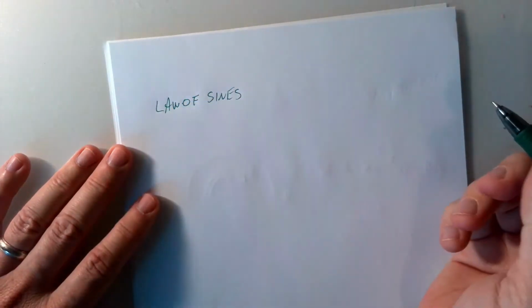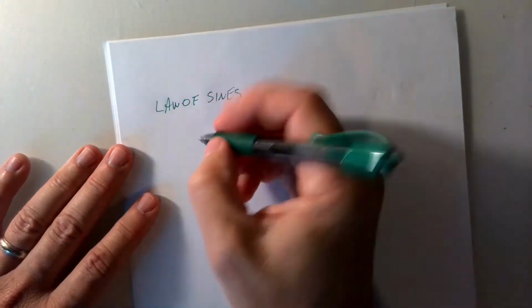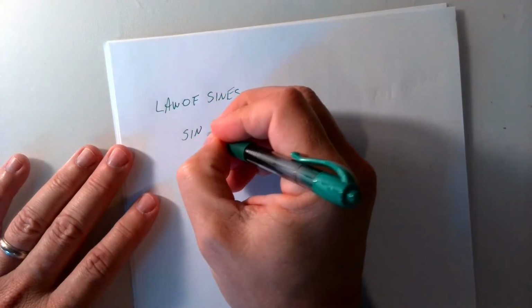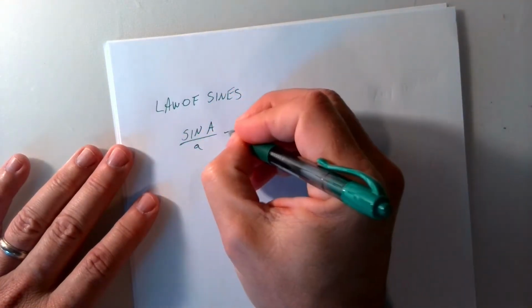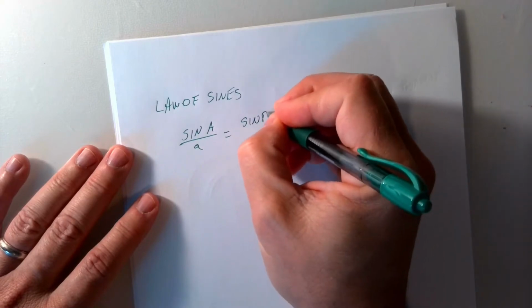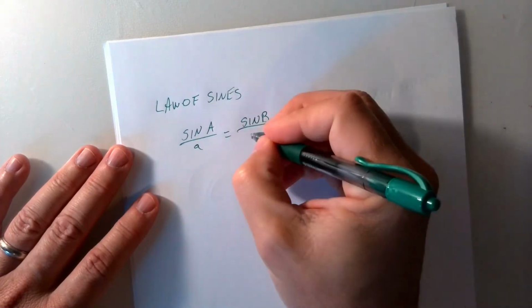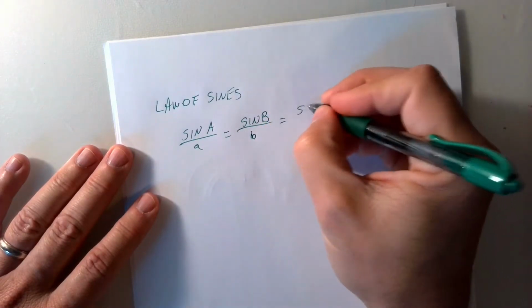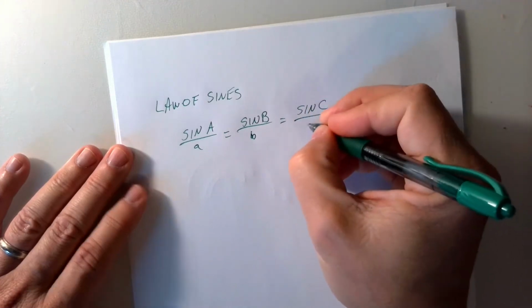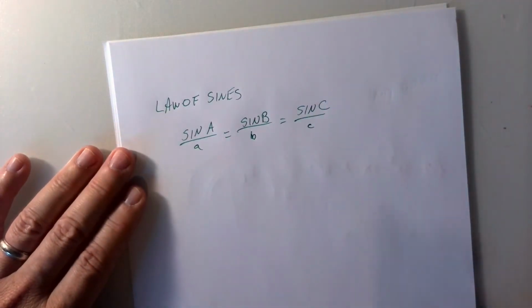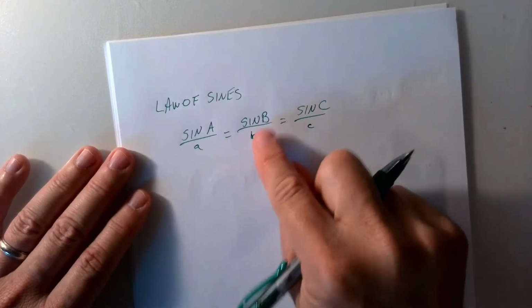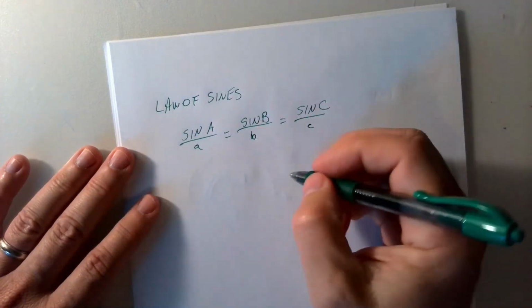The law of sines. The reason we need both of these is because they work for specific types of triangles. It states that sine of an angle over its opposite side equals sine of an angle over its opposite side equals sine of an angle over its opposite side. So sine of A over little a, sine of B over little b, sine of C over little c.